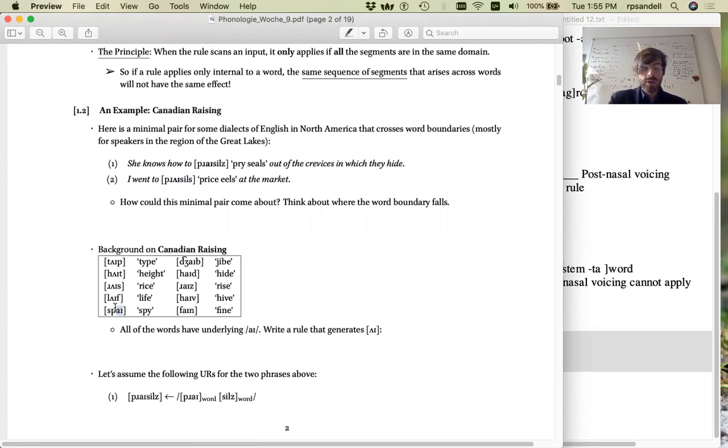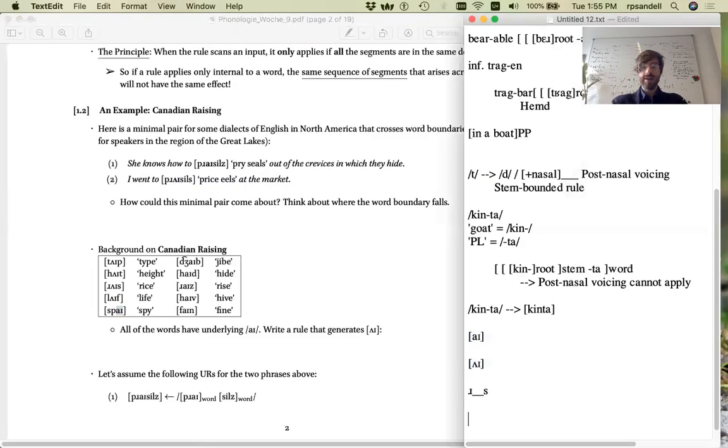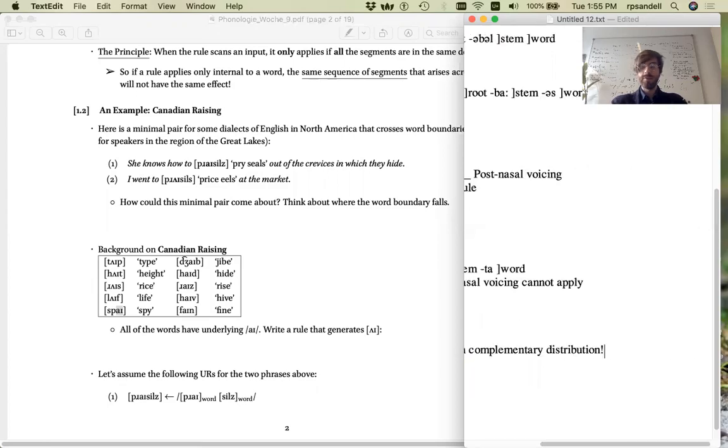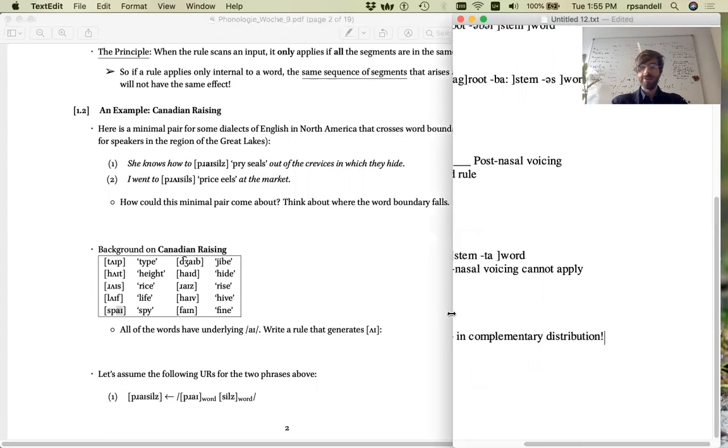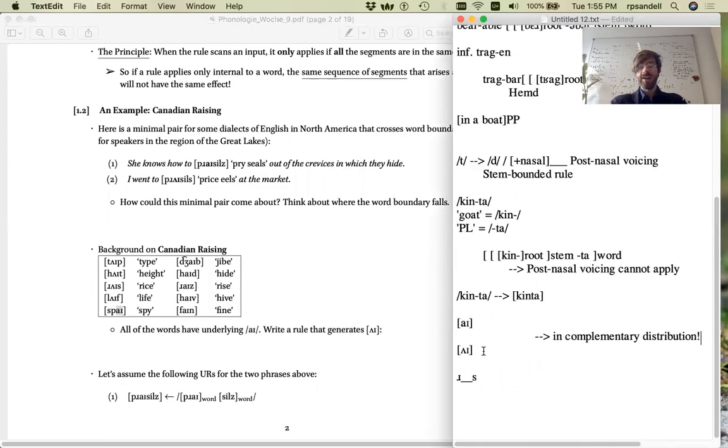And crucially, we also find the lower diphthong at the end of a word. So it appears that these two diphthongs are in complementary distribution. So what does that mean? As we well know now, that means that we can attribute them to the same underlying phoneme.